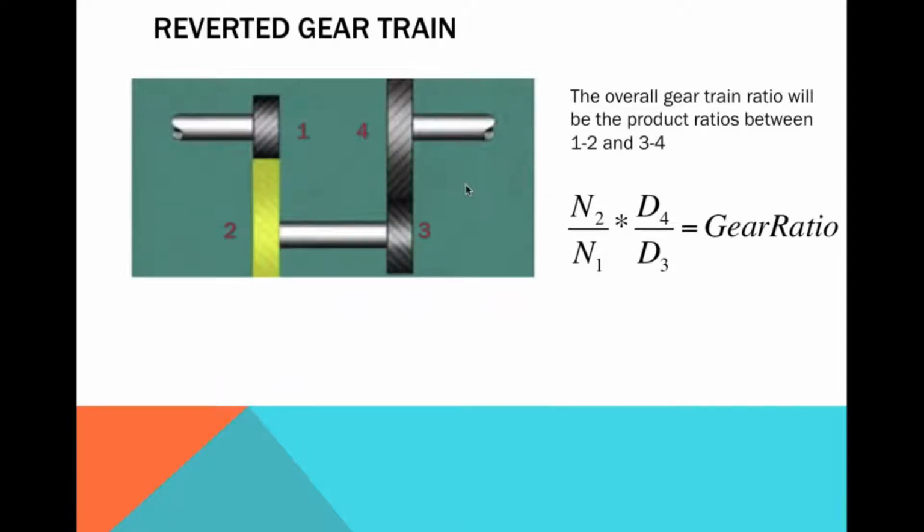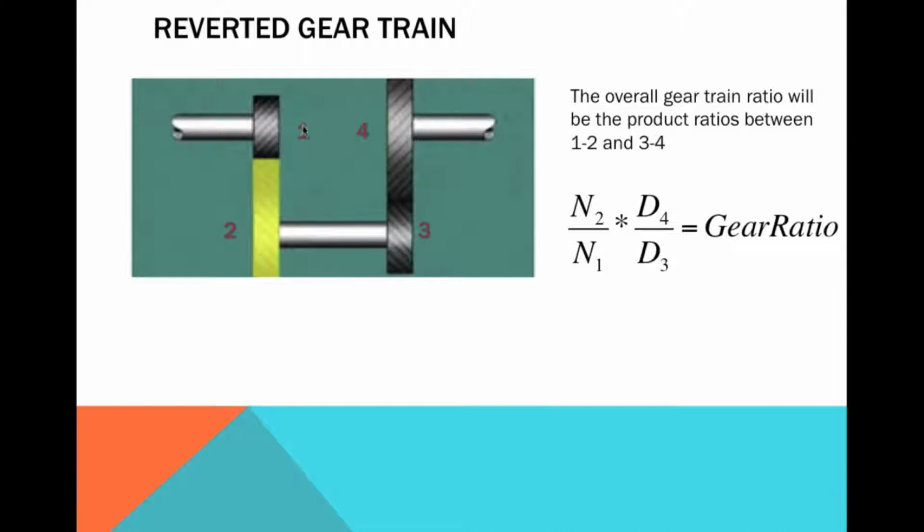A reverted gear train is a gear train where the input shaft, if you can imagine a motor connected to this shaft here, and this output shaft are collinear and parallel, so they're along the same axis. Shaft 2, 3, which is called the counter shaft, is parallel to both of these.